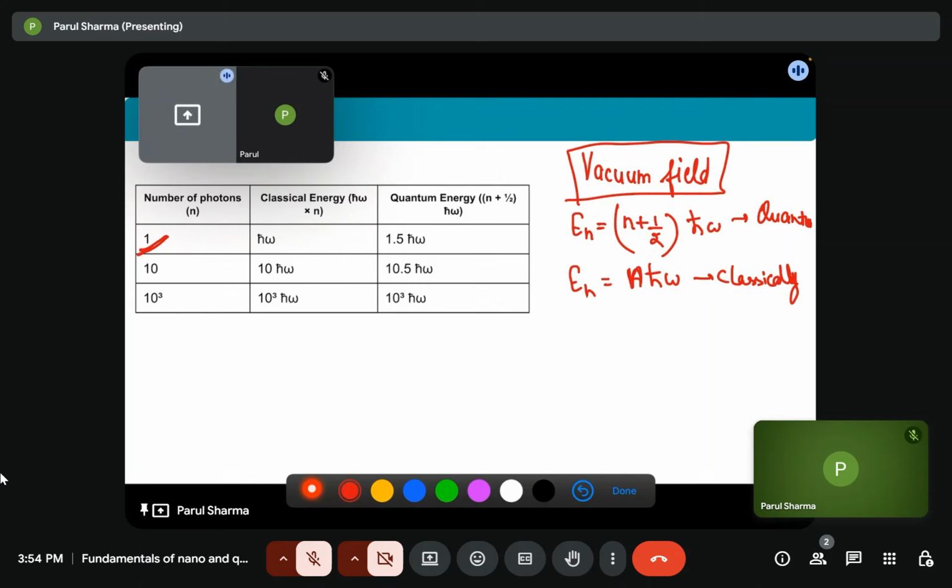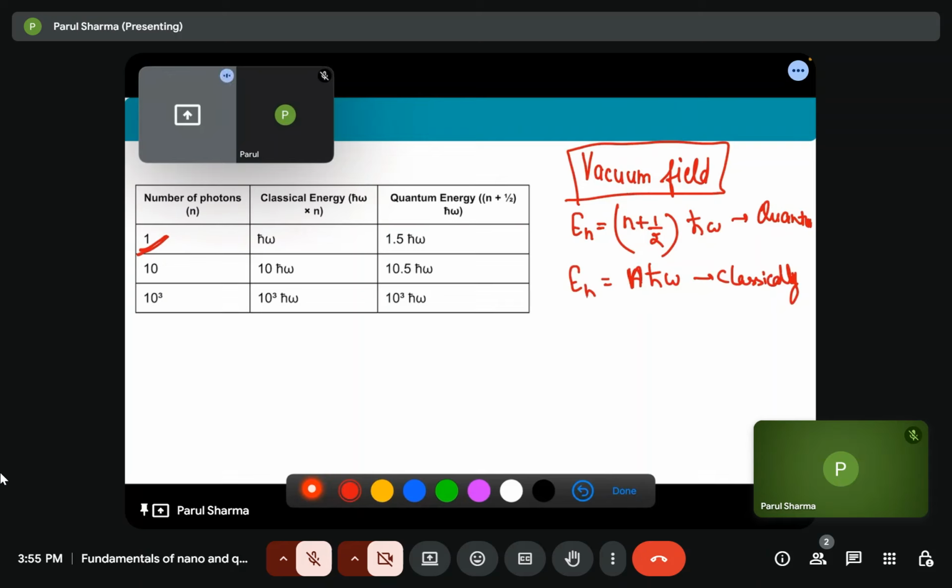If we are having 10 photons, then classically it is 10 h cross omega, and quantum mechanically it is 10.5. But if we have a thousand photons, then there is no change in energy of classical and quantum harmonic oscillator.